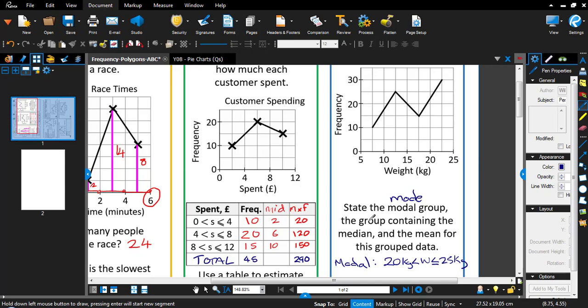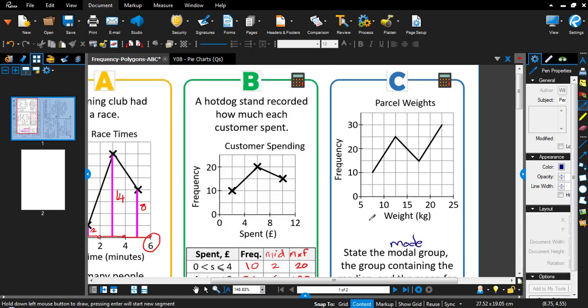So the median is the middle value. So how can we find the middle value? Well, let's think about this. The frequency here is 10. The frequency here is 25. The frequency here is 15.